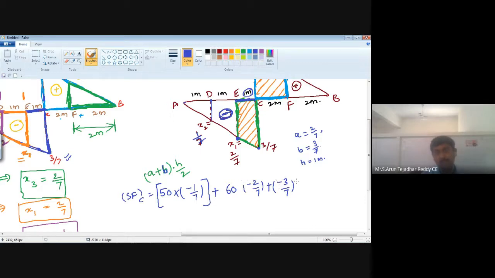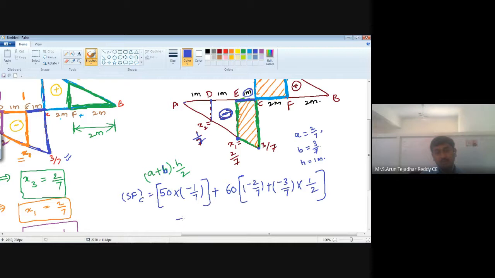Now it should be multiplied with H by 2. H is 1 by 2. So up to here it is the downward portion.